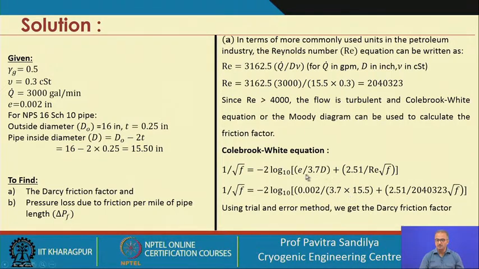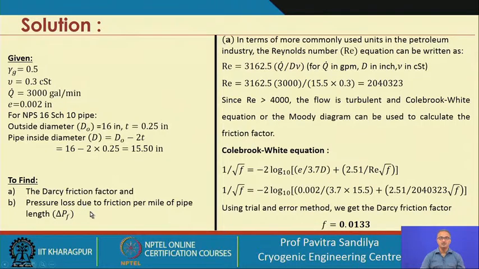We plug in the values of the various data given to us, and the friction factor appears on both sides. Since I explained to you how to do this trial and error, I am not repeating those things, but if I make those substitutions successively, we can find the friction factor coming to be this particular value. So, that is how we are able to answer the first part of the question.